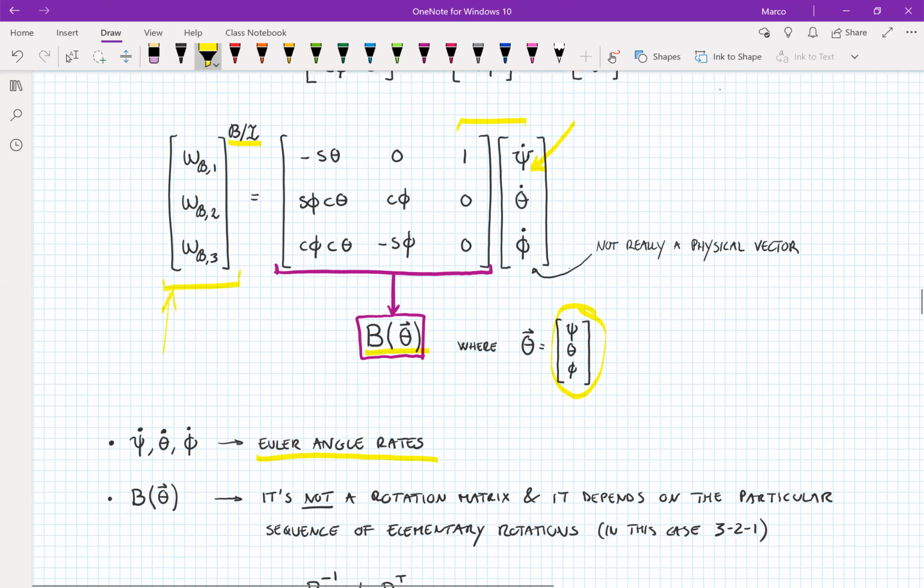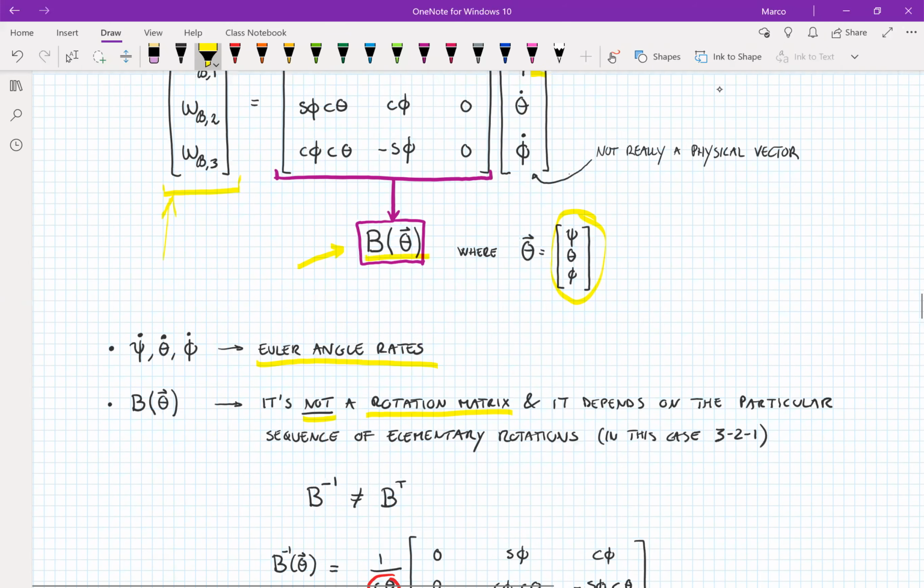The other thing that I want to point out is that this matrix B is not a rotation matrix. So it doesn't have the nice property of its inverse being equal to its transpose. That is not the case. Also, this is not a unique matrix, but it depends exclusively on the sequence of elementary rotations. In this case, we have a 3-2-1 sequence of rotation, so we're going to get this particular B.